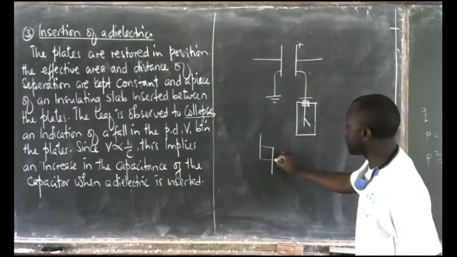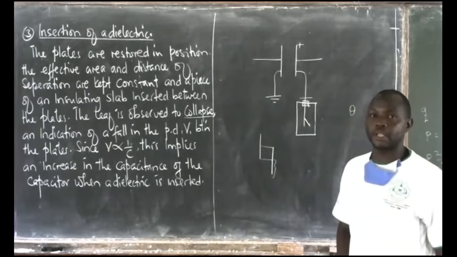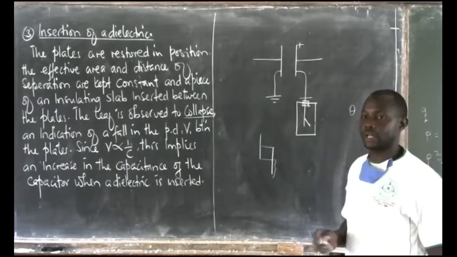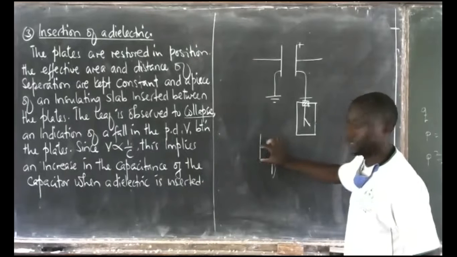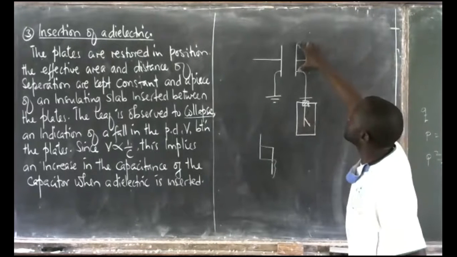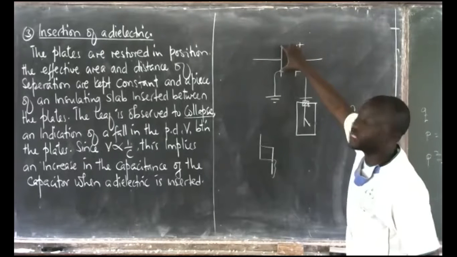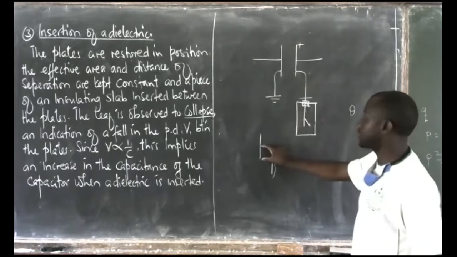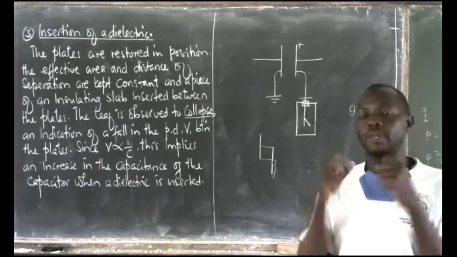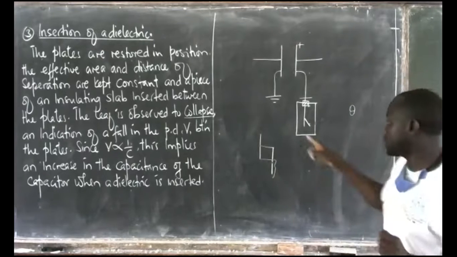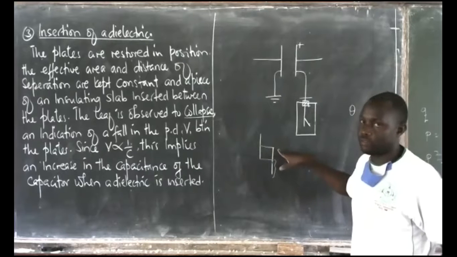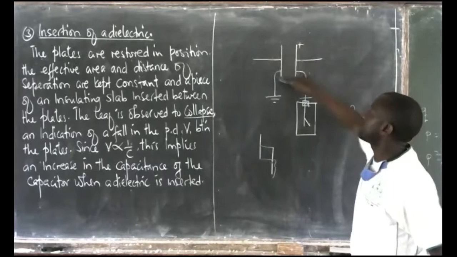This one here, from here up to here, is not part of the capacitor. The capacitor will only be this part. That's why we talk of effective area. Whereas here it is the whole part, because all of them are facing each other. Here they are only facing each other partly. So those parts facing each other are the ones forming the capacitor. In this case, we have reduced the effective area, or what we call area of overlap, whereas here the area of overlap is large.